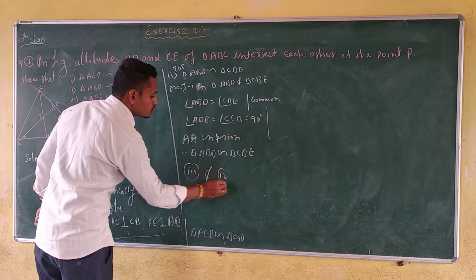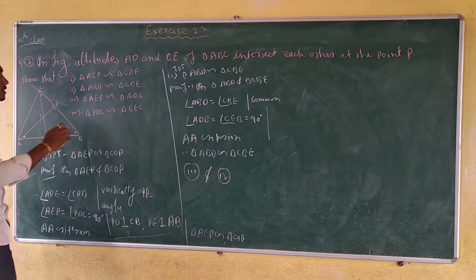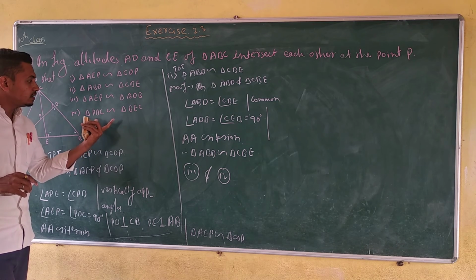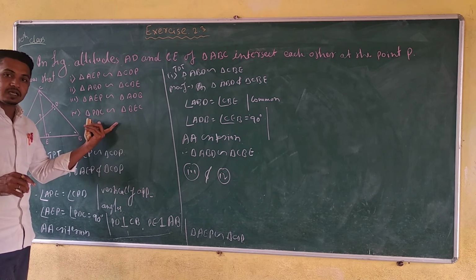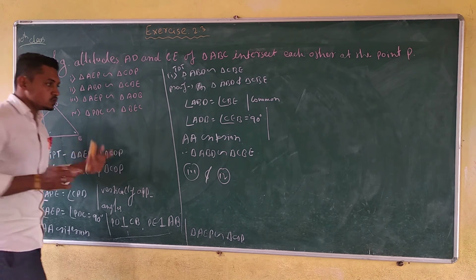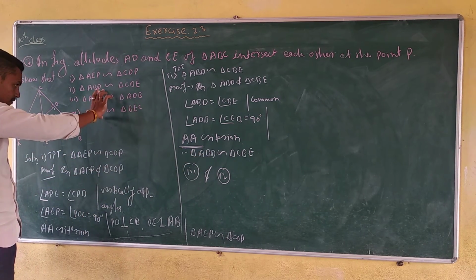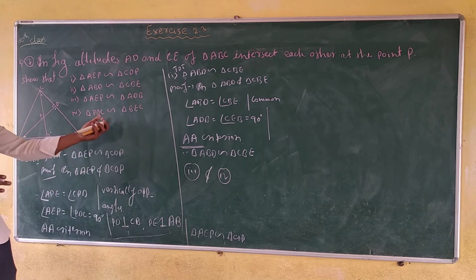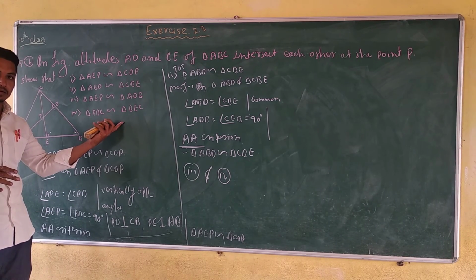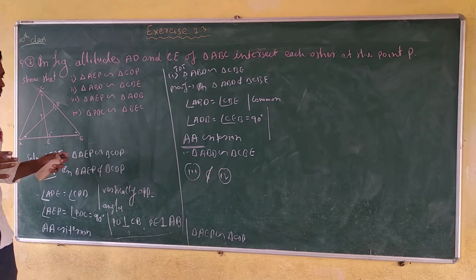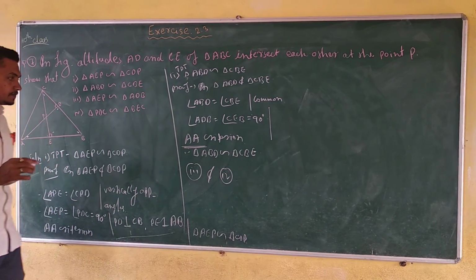Next, the remaining third and fourth triangles are also similar to each other, and these two triangles are also proved by using the AA criteria. These two triangles are similar. You have to prove it at your home.